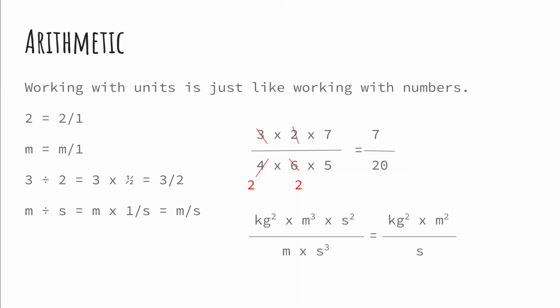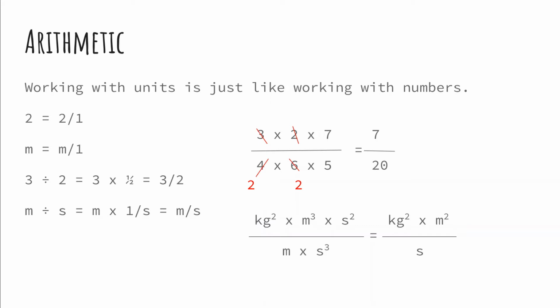The exact same way, you can do the same thing with units. Kilograms squared times cubic meters times square seconds divided by meters times cubic seconds. Meters cancel out on top and bottom. Seconds cancel out on top and bottom. The result is kilograms squared times meters squared per second. It looks really different, but you can see it's the exact same kind of manipulation. You need to be able to work with units the same way you can work with numbers.